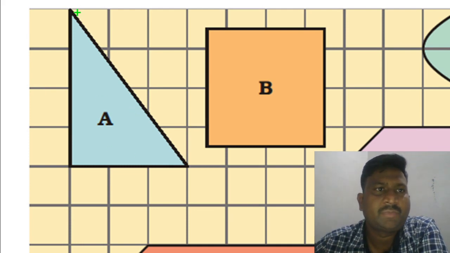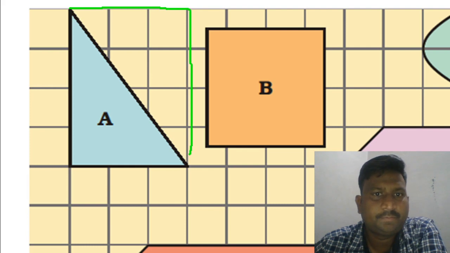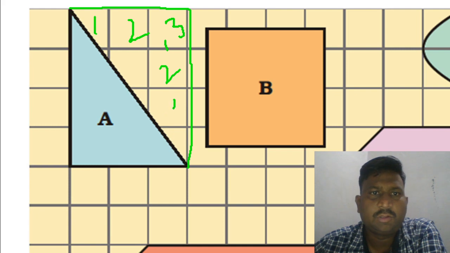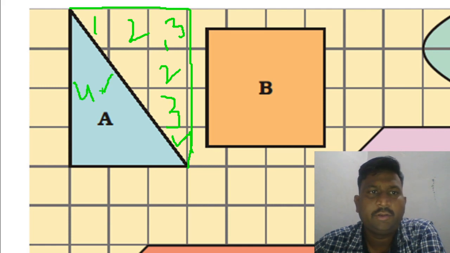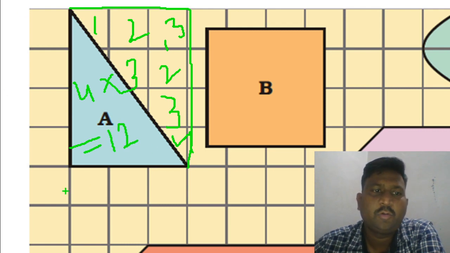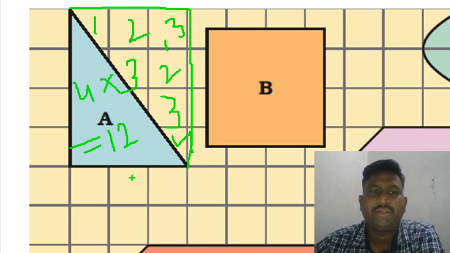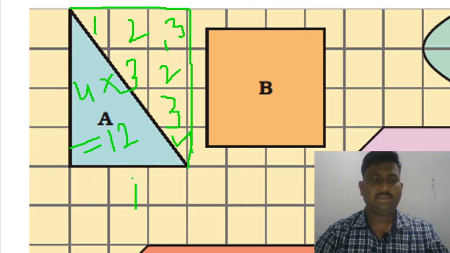First A. If it is complete, then how many square centimeter area? 1, 2, 3, 1, 2, 3, 4. 4 threes are 4 into 3. 12 complete squares are there. Means this complete has 12 square centimeter area.